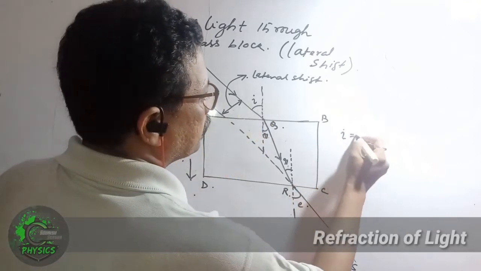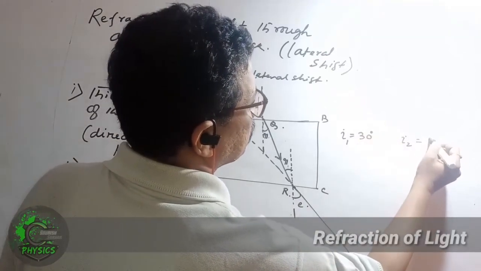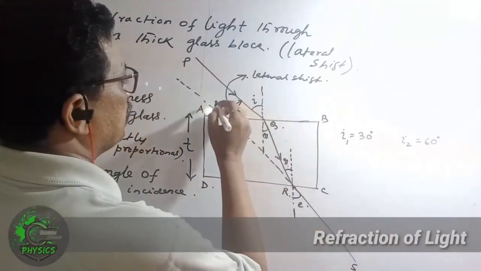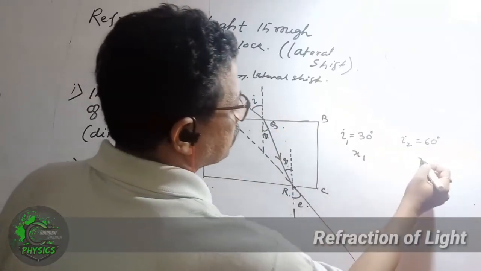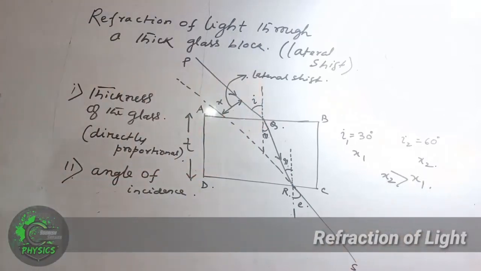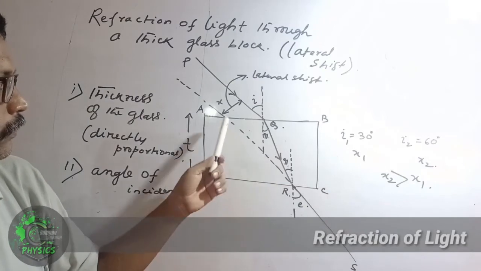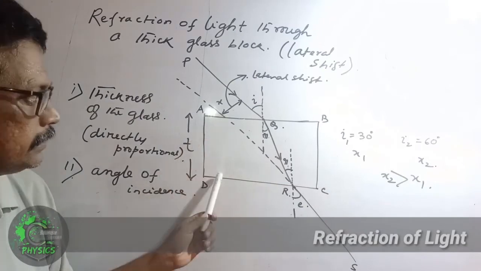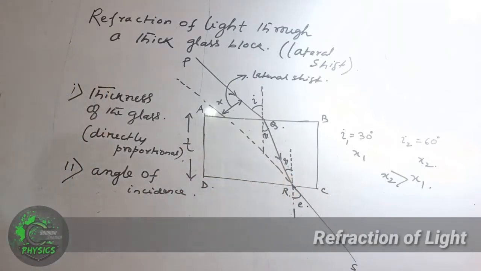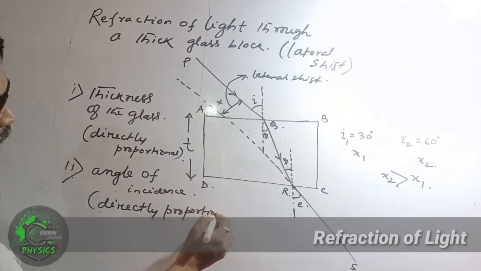Means when I1 equals 30 degrees and I2 equals say 60 degrees, if this lateral shift is x1 and this lateral shift is x2, then x2 is greater than x1. So you can say the higher the angle of incidence for a constant thickness of the glass slab, the more will be the lateral shift. It is also directly proportional.